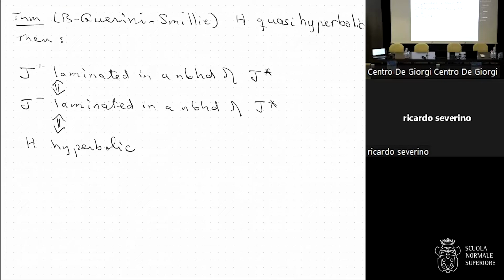So this is not a checkable condition, but this is a condition that tells you that if you had some geometric vision of what your mapping looked like, if you see something laminated, you can say, yeah, that's laminated. And so you could conclude that it's hyperbolic.